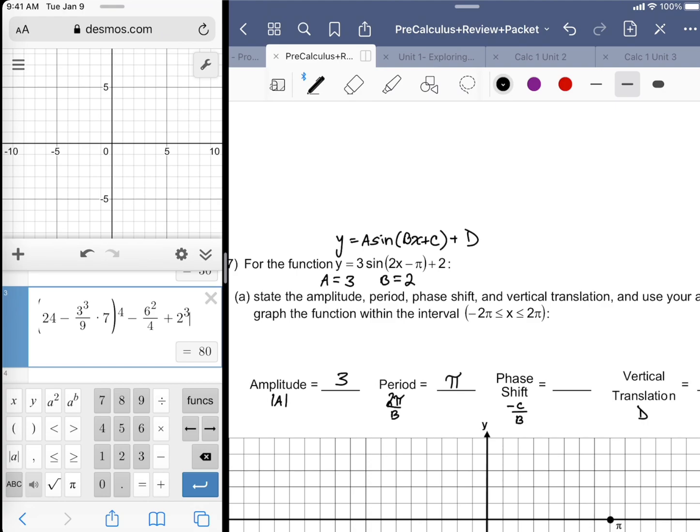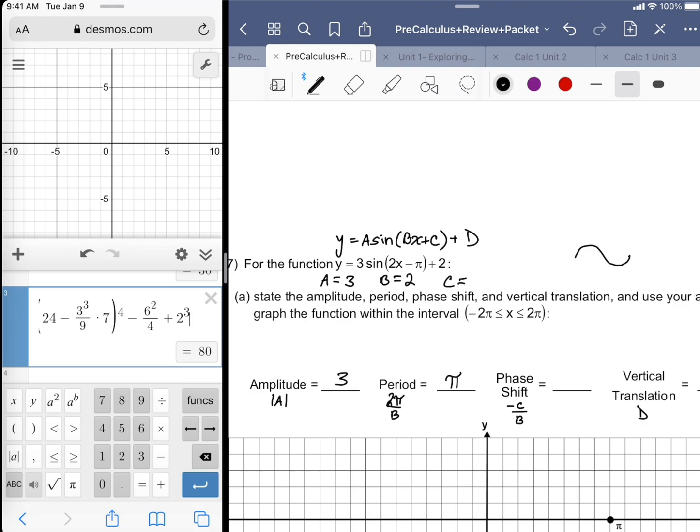All right, so that means that it's going to take pi units to complete one full cycle of a sine wave. If you remember the general structure of a sine wave, you would know that you're going to complete that full cycle between 0 and pi.